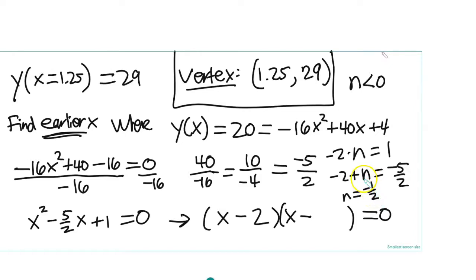And if we plug that in, we should hopefully be able to confirm, because negative 2 is the same thing as negative 4 over 2, plus negative 1/2, which is the n value, should equal negative 5 over 2, right? And that's correct.